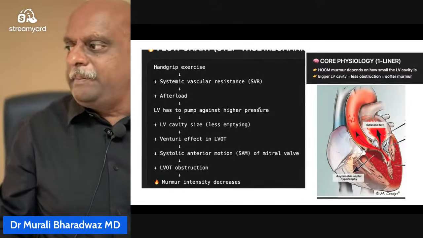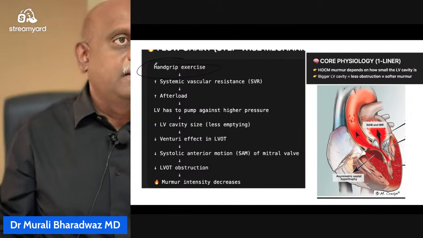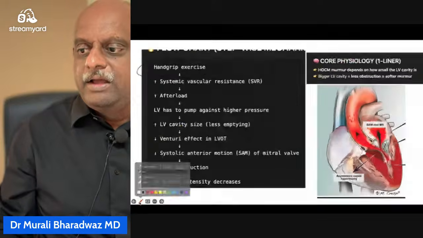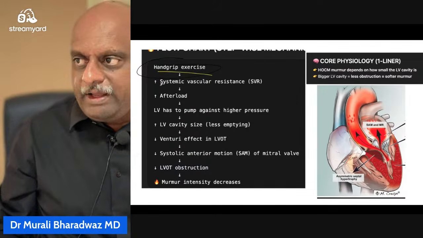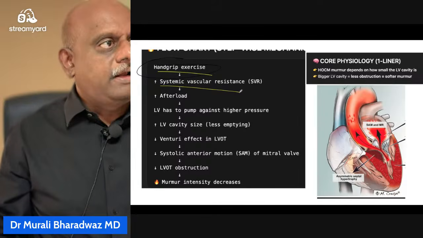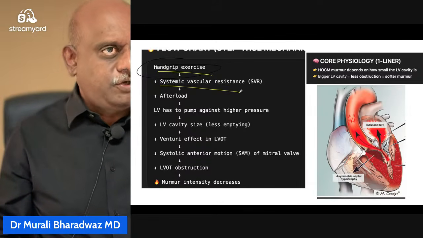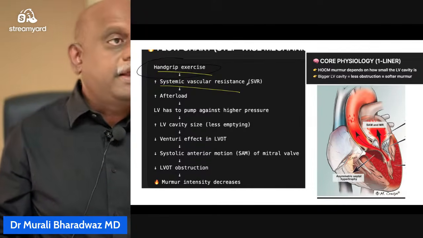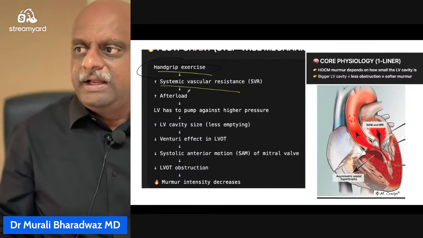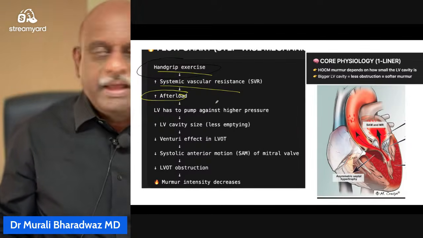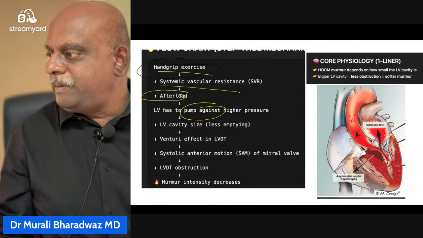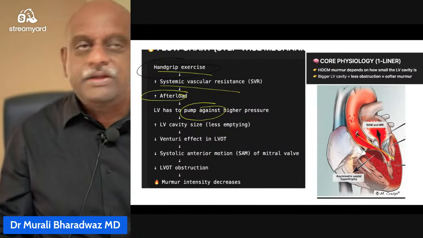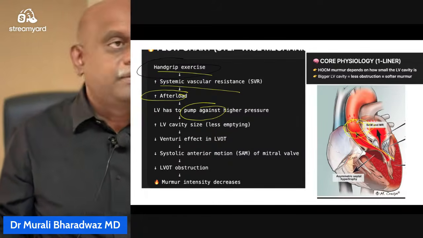If you do hand grip exercise, what will happen? That will release catecholamines when you are doing exercise. That increases systemic vascular resistance. That increases afterload, and the LV has to pump into the aorta against high pressure.